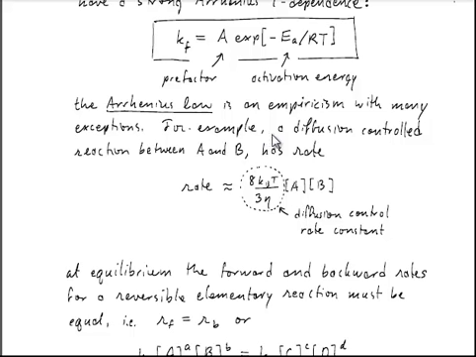An important example is the diffusion-controlled reaction rate constant between species A and B. That has a reaction rate that is approximately, as long as A and B are of comparable size, given by 8 times the gas constant times temperature divided by 3 times the fluid viscosity, multiplied by the concentration of A times the concentration of B. So the rate constant is this thing in the circled dotted line. It's called the diffusion-controlled rate constant.